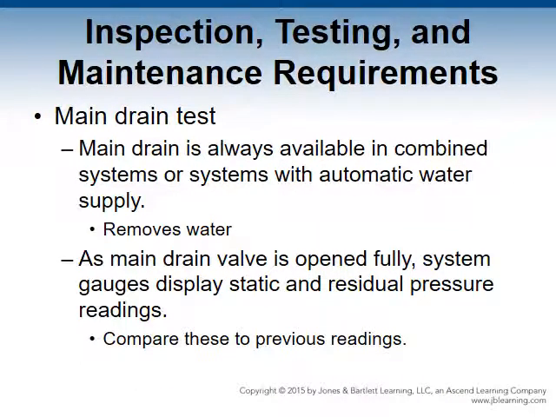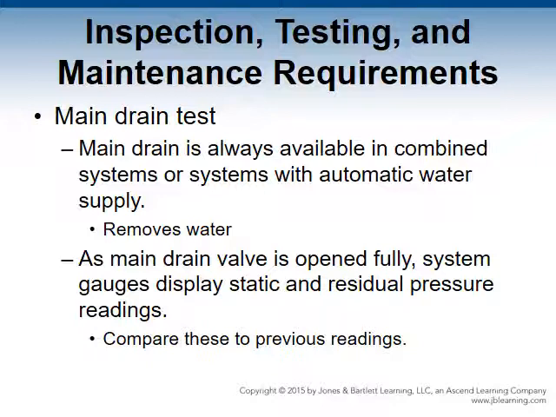Main drain test. If a system is combined or has an automatic water supply, there will be a main drain available. It is piped to an exterior location or an interior drain. It should be able to safely remove the system water so it is not a hazard.